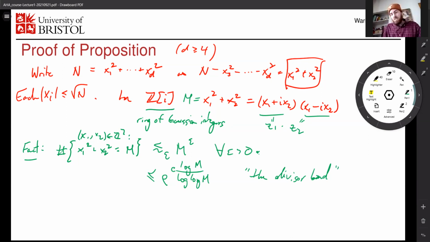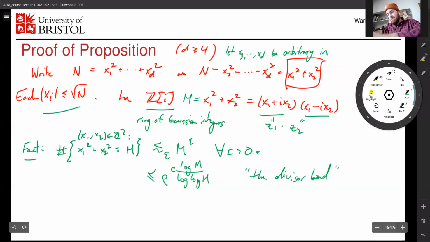Now, how do I apply this to the sum of squares? Well, I let x3 through xd be arbitrary in their confined intervals, minus root n to root n.